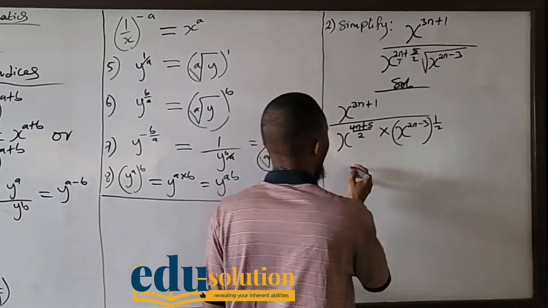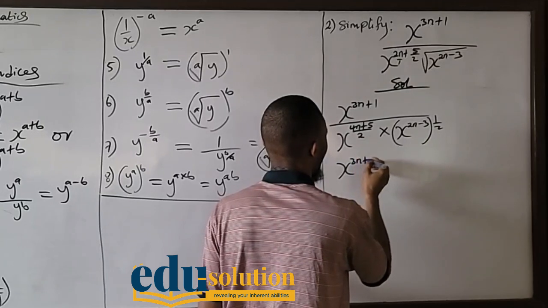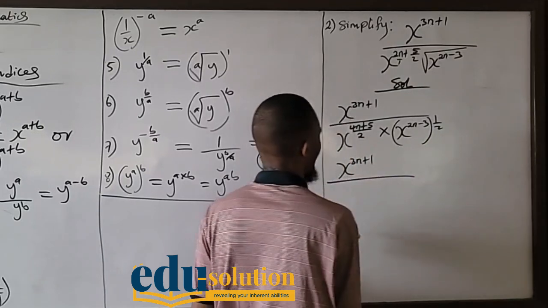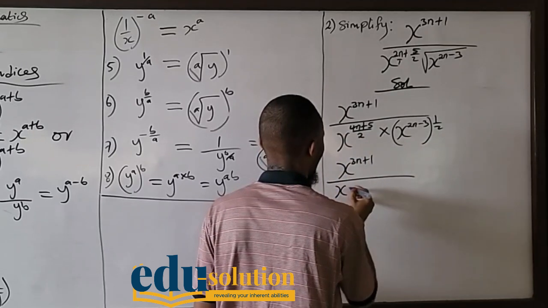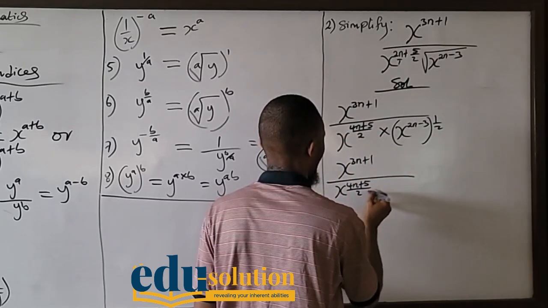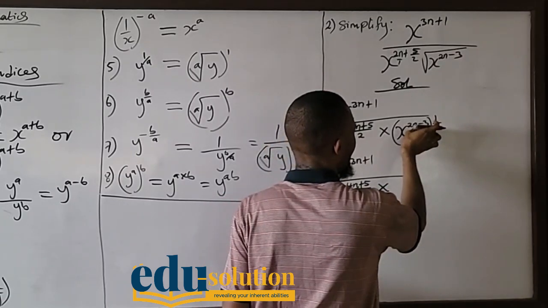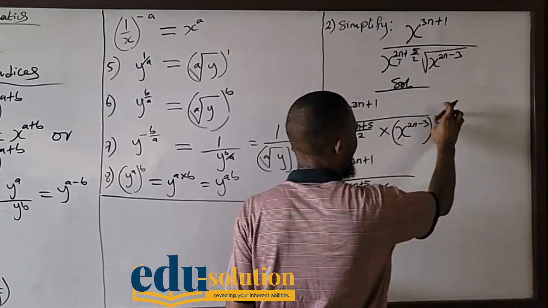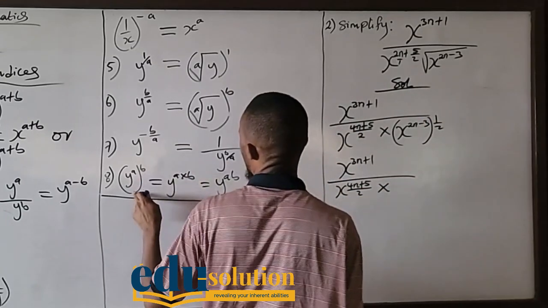So now the next step should be s raised to the power of 3n plus 1, everything over, I will write this again. We have s raised to the power of 4n plus 5 over 2, and then times, so this is like a power now, which is 2n minus 3, and this is also another power. So power multiply power, which is the same thing we did in number 8.